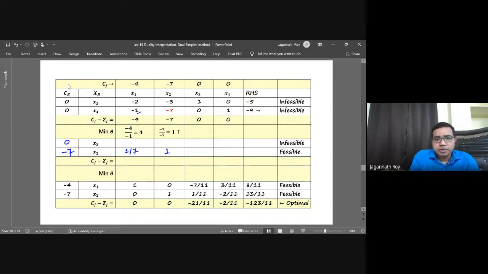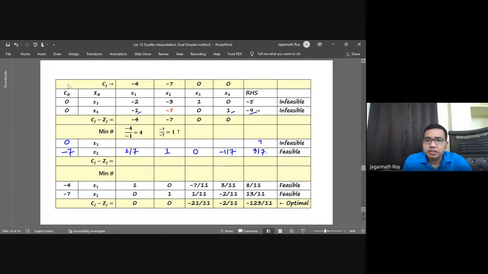And then 0 by minus 7 is 0. And this minus 9 by minus 7 becomes 9 by 7. So it becomes positive, greater or equal to 0, so that becomes feasible.